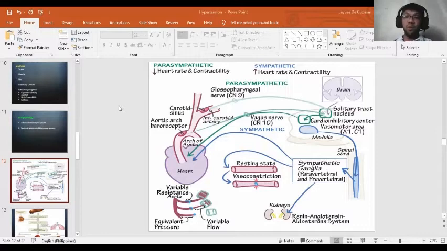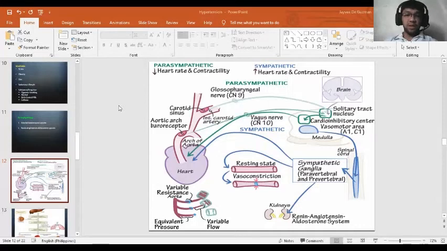What do they do? These baroreceptors, based from the word itself, baro is pertaining to pressure. They monitor the blood pressure in these blood vessels. And they tell the cardiovascular system, in coordination with the brain, when to increase or decrease the blood pressure.